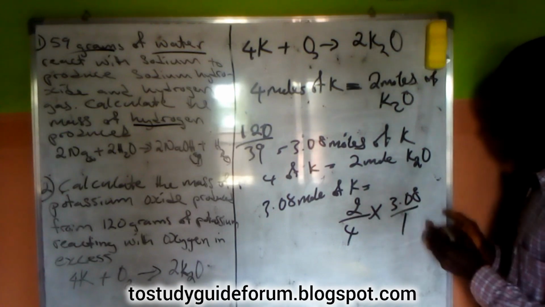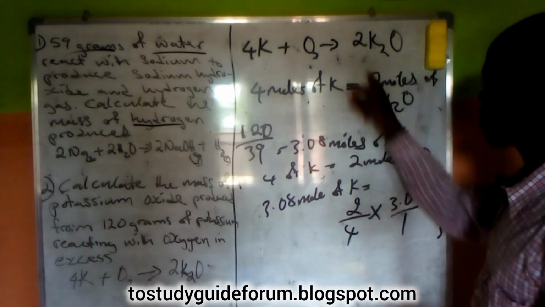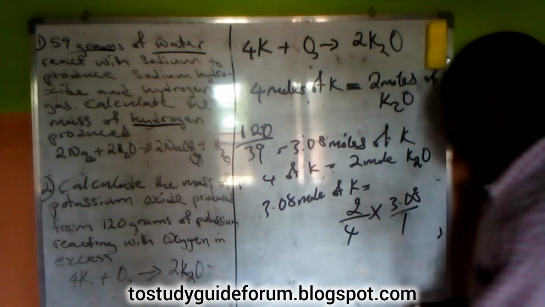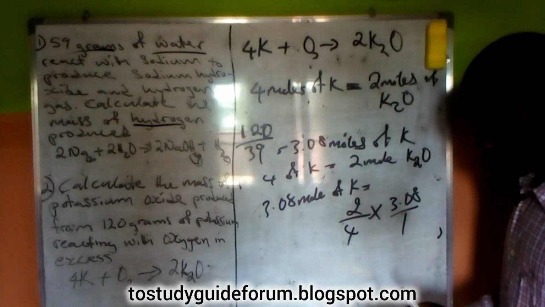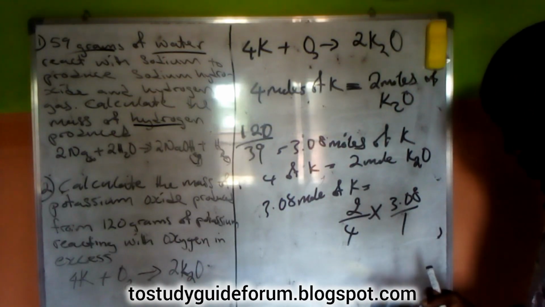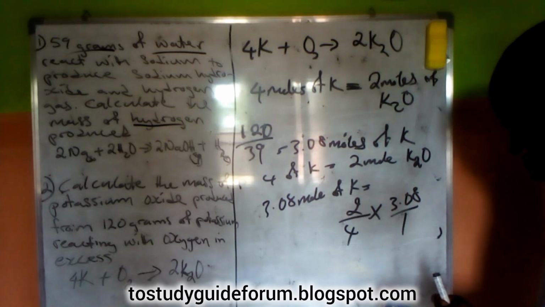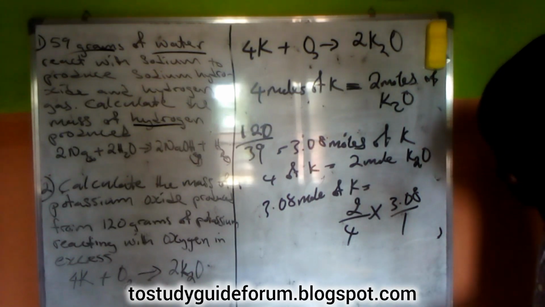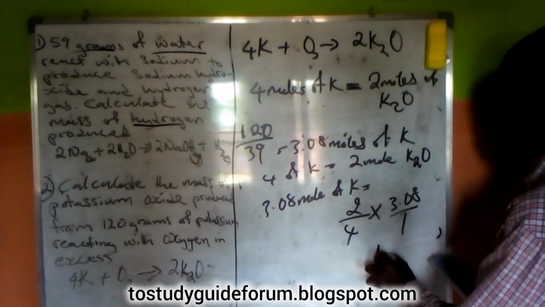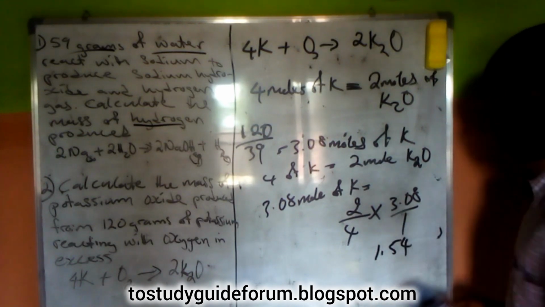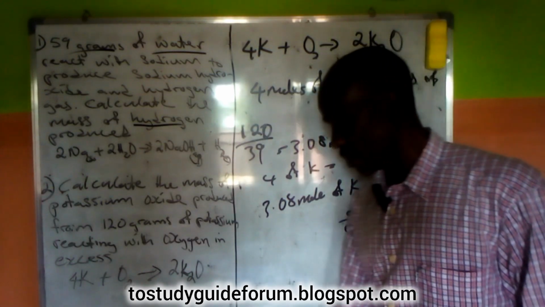So we are going to get the number of moles of potassium oxide that will be produced. 3.08 multiplied by 2, divided by 4, we have 1.54. That is the number of moles we have here.